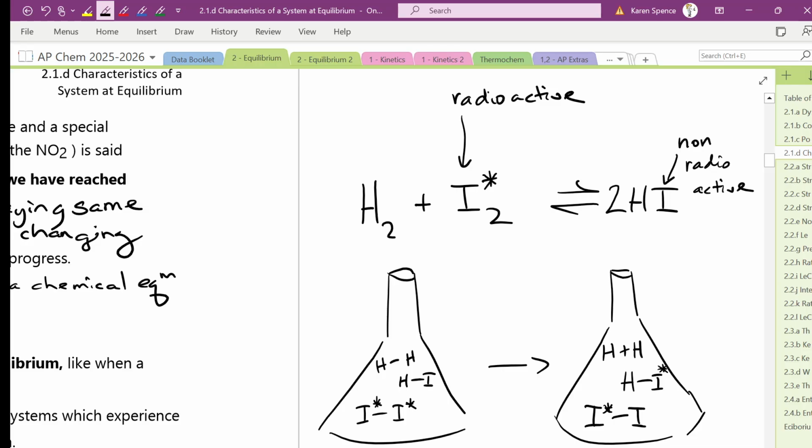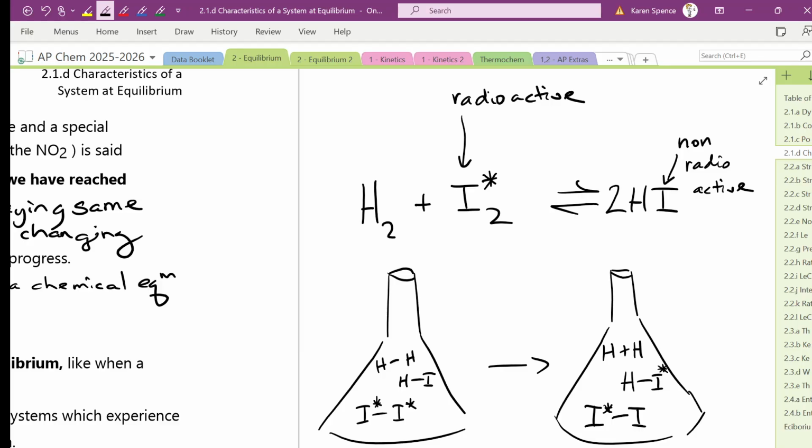Did you have a question? So overall, you're still reacting, and they'll just be swapping out. So let's say we have all of our pens here, and I've got H2, and I've got I2, and I've got 2 HIs.